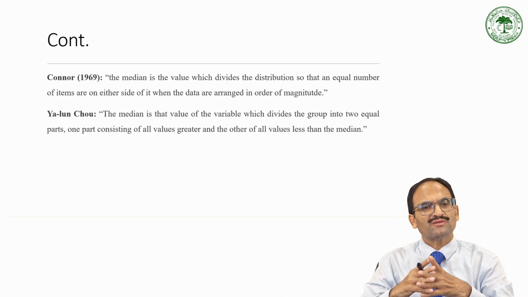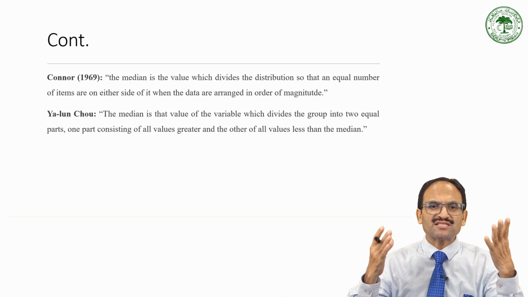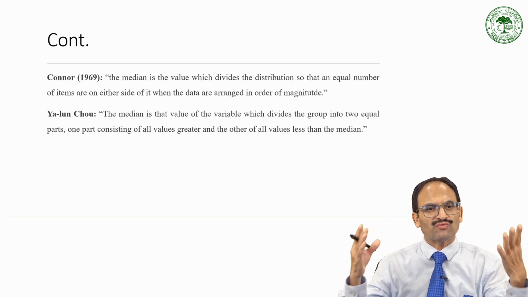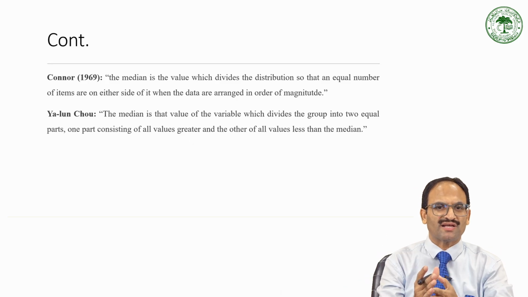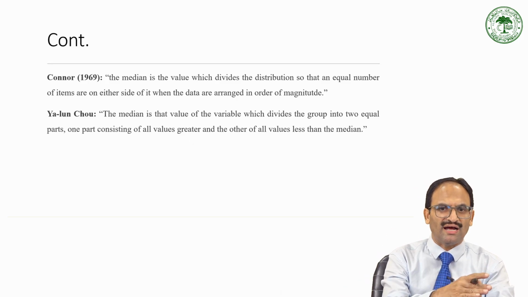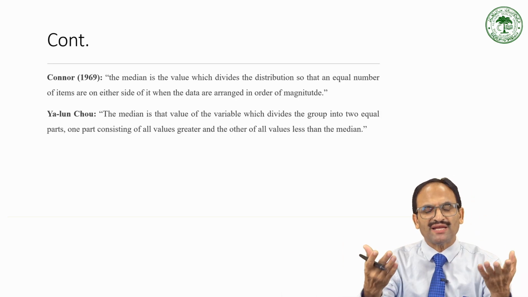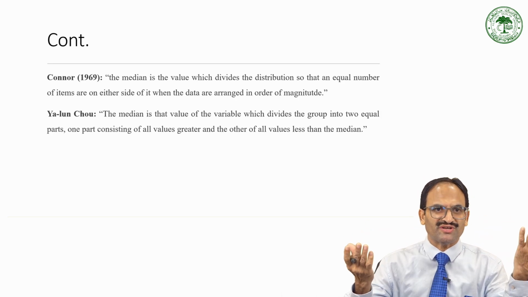If you come to the third definition, the median is that value of the variable which divides the group into two equal parts, one part consisting of all values greater and the other of all values less than the median, as has been mentioned in the previous definition.